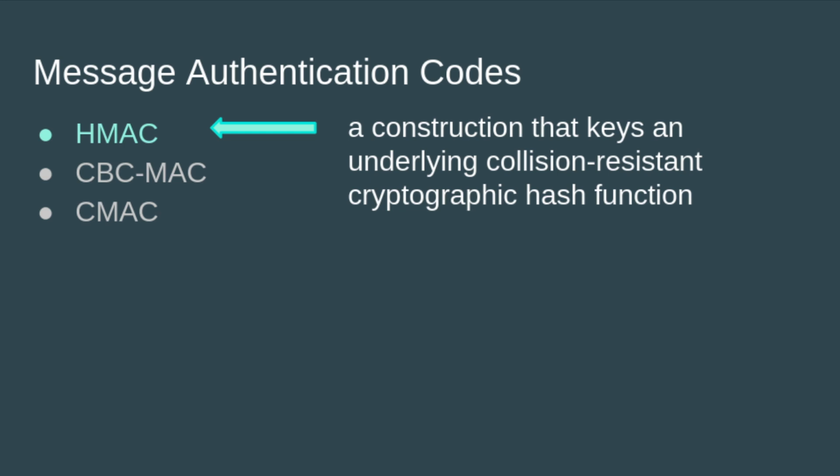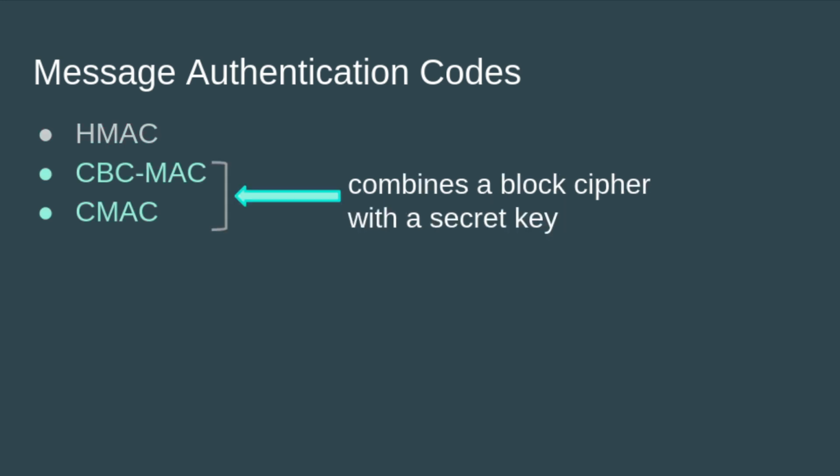So HMAC-SHA-1 or HMAC-SHA-256 are examples of an HMAC. CBC-MAC and CMAC have a different construction. These combine a block cipher with a secret key. In practice, CBC-MAC is slow and not often used, and CMAC improves upon the CBC-MAC construction.